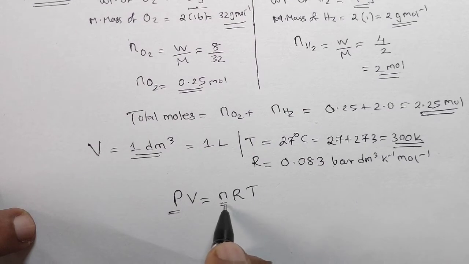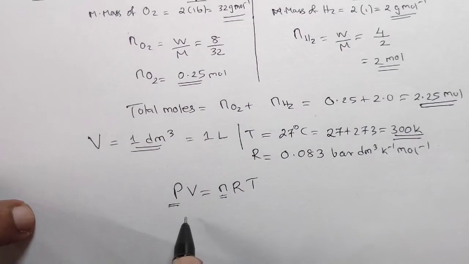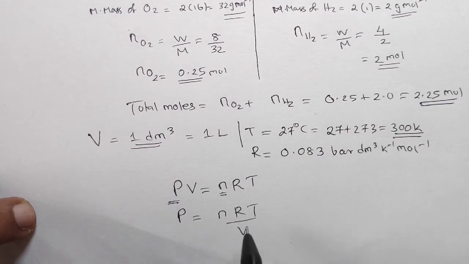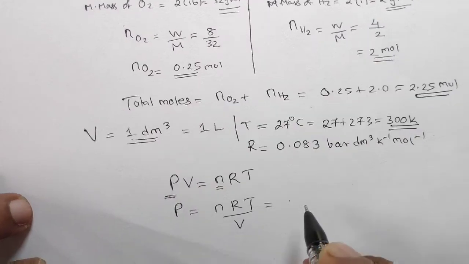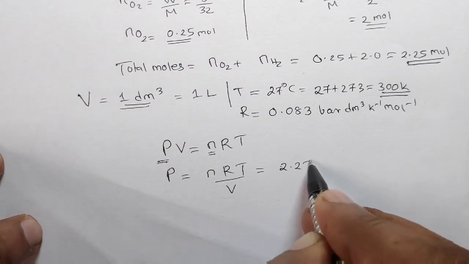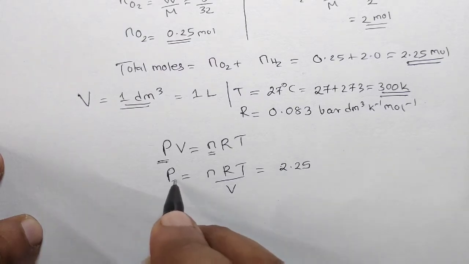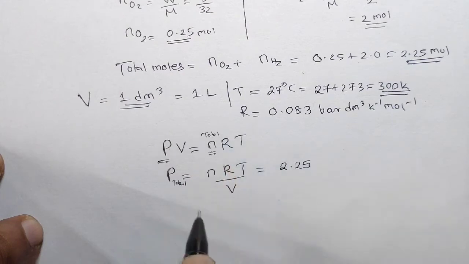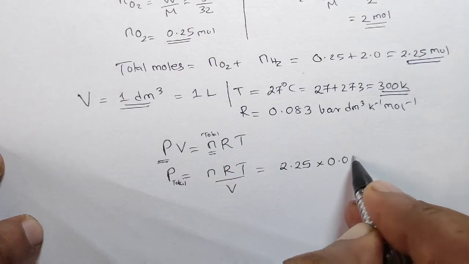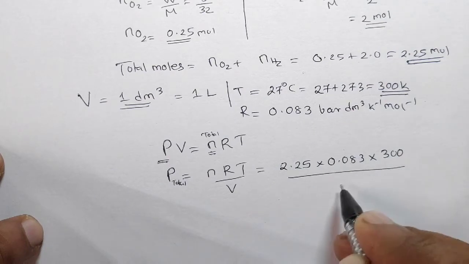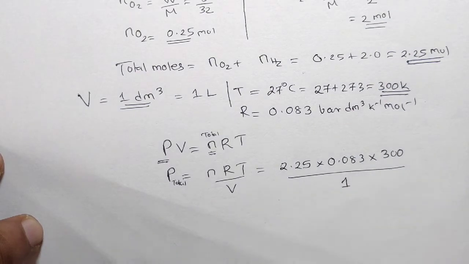So if I take n is equal to total moles, the pressure you get will be the total pressure. So the formula is P equal to nRT by V. If you substitute all the values, n we got total number of moles, so this will be P total, into R 0.083, temperature 300 Kelvin, whole upon volume 1 liter, right?